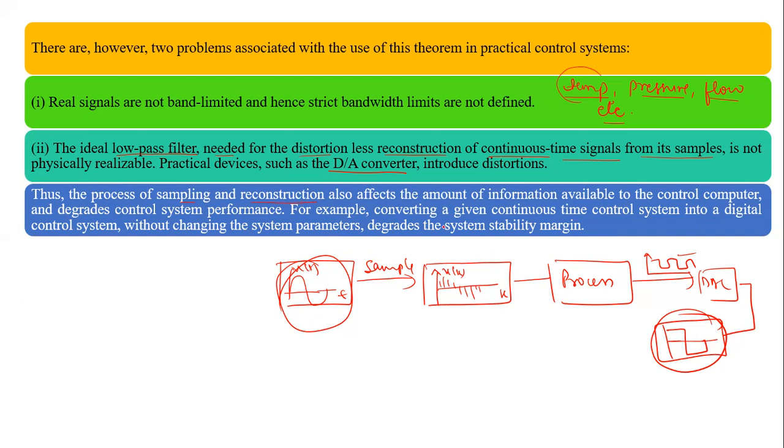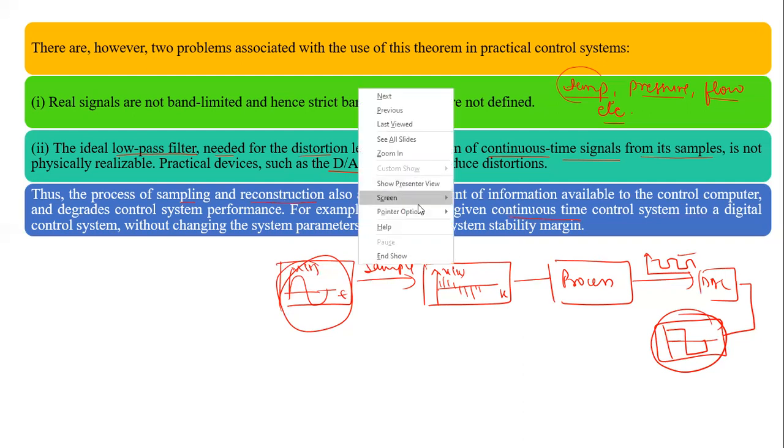For example, if we convert a continuous time signal into a digital control system and we do not change the system parameters, it may affect the stability of the system or the stability margin. Stability margin, I hope you know, means the gain margin and phase margin of the given system. So we need to do something to the conversion process or approach, so that we can get efficient or effective control of the processes.